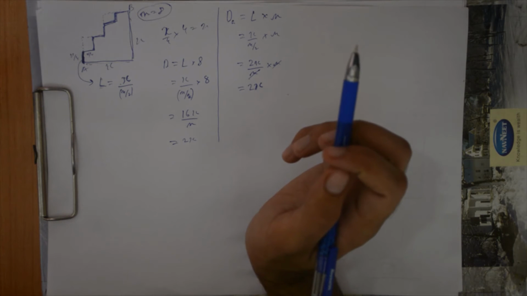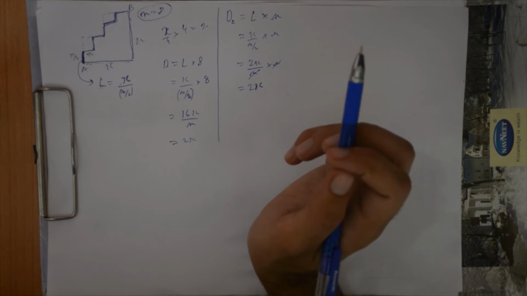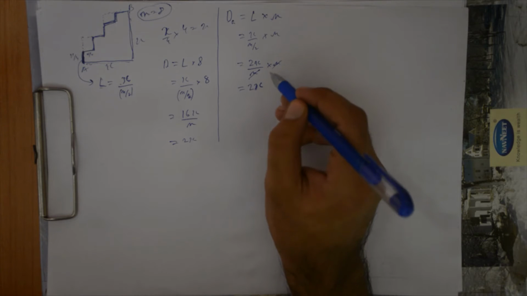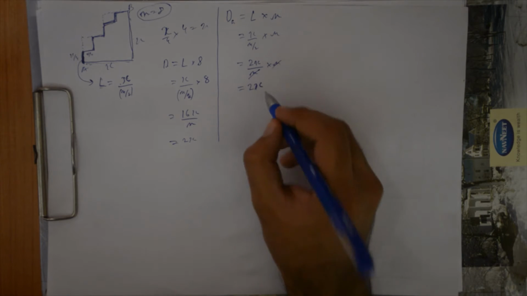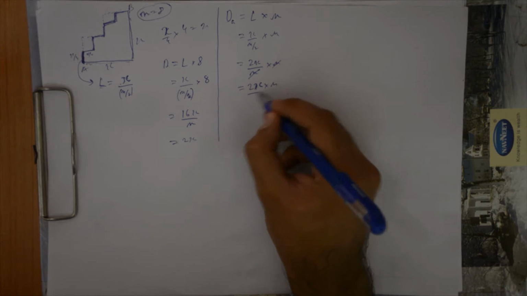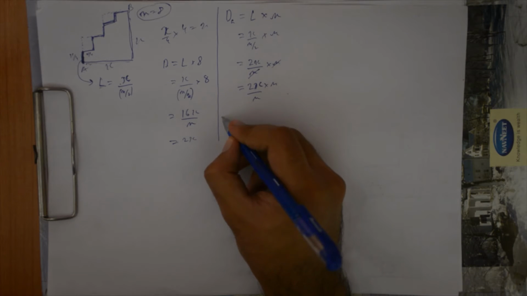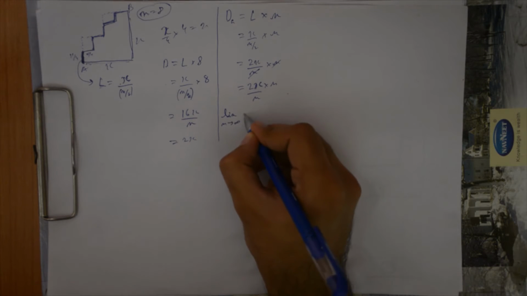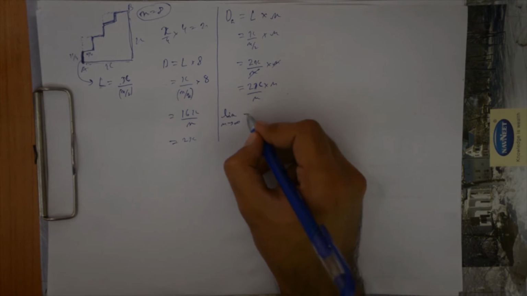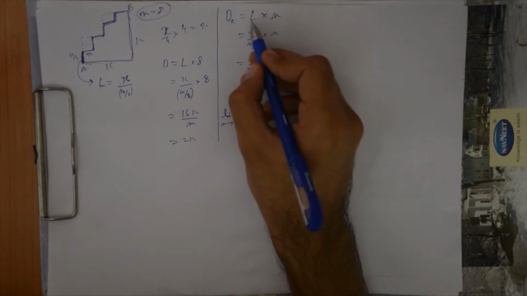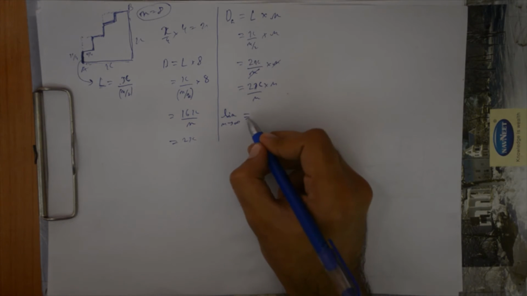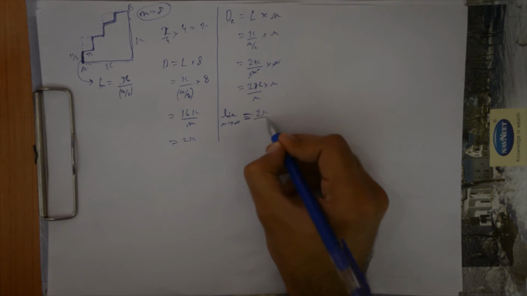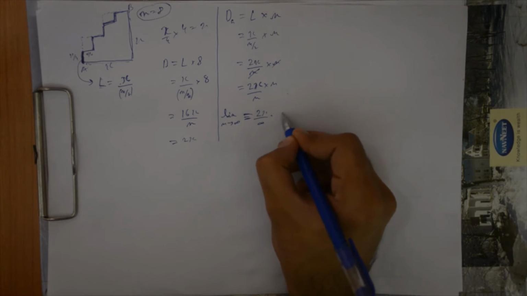Even if we don't want to cancel out n, let us not cancel out n and rather keep it there, and we will tend n to infinity. We put the limit n tending to infinity of this dg function, and it would turn out to be 2x upon infinity into infinity.